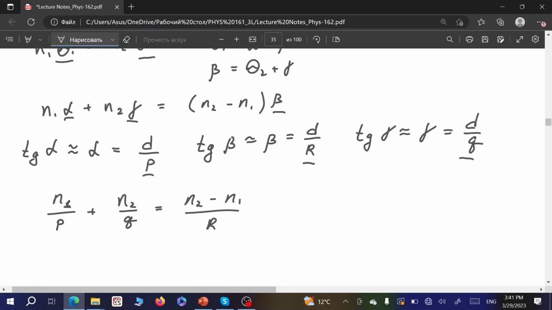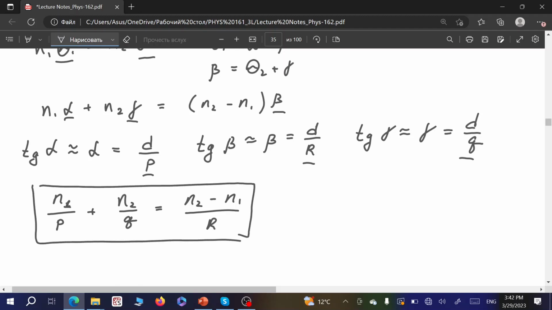And r is the radius of the curvature of this interface between two optically transparent media with different refractive indexes. So this is our equation for forming images via refraction in general.